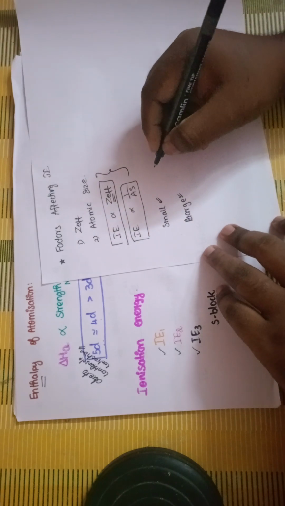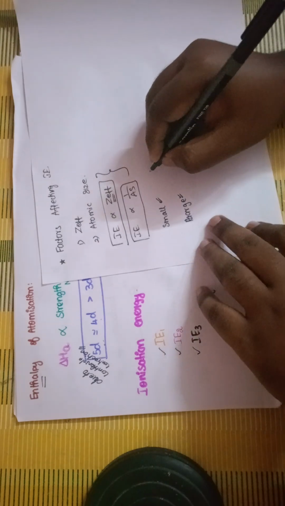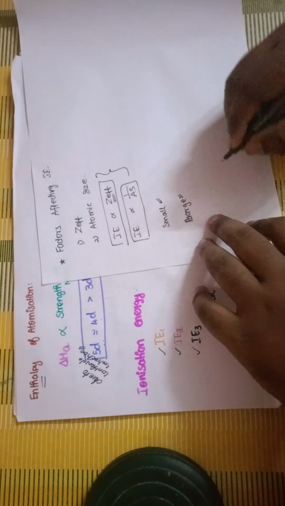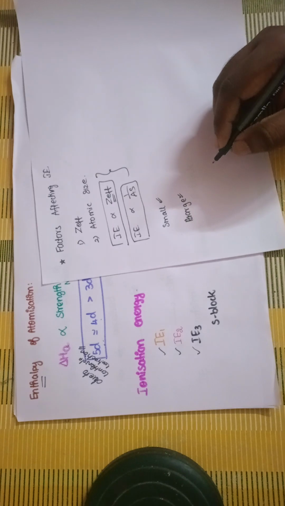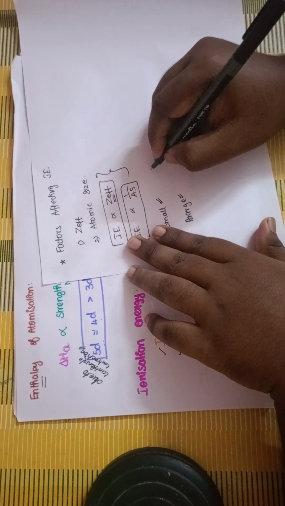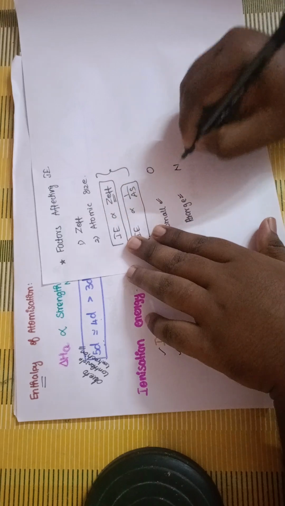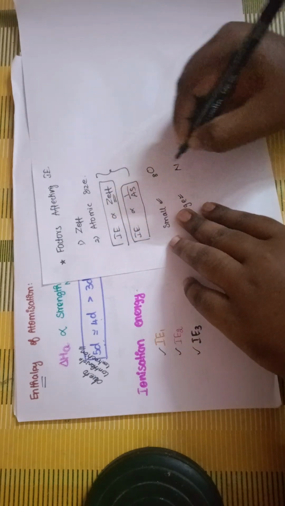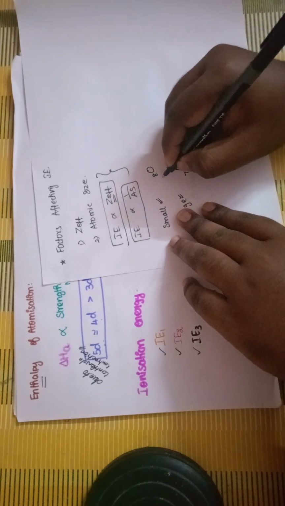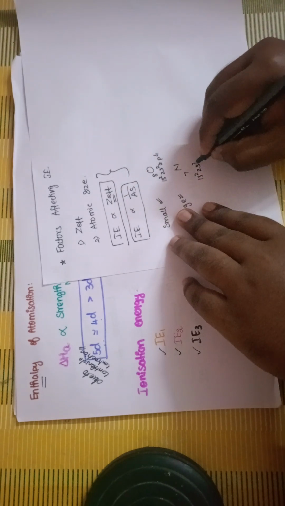For example, if you take oxygen and nitrogen. Oxygen atomic number 8, nitrogen 7. Valence configuration: 1s2, 2s2, 2p4 for oxygen, and 1s2, 2s2, 2p3 for nitrogen.